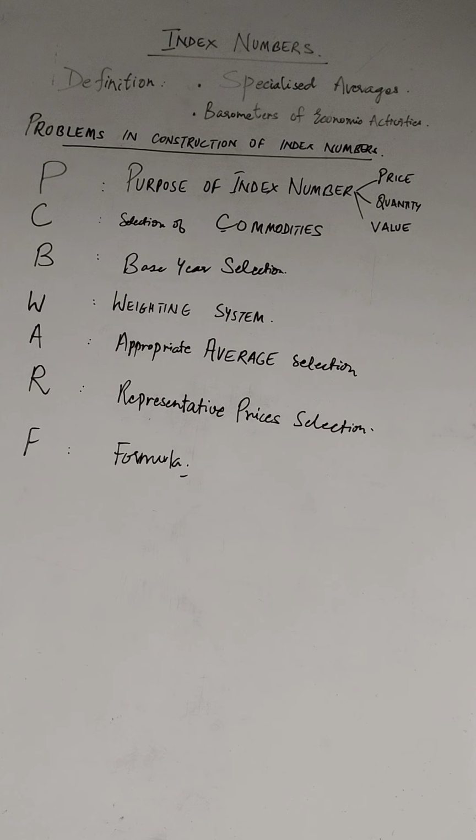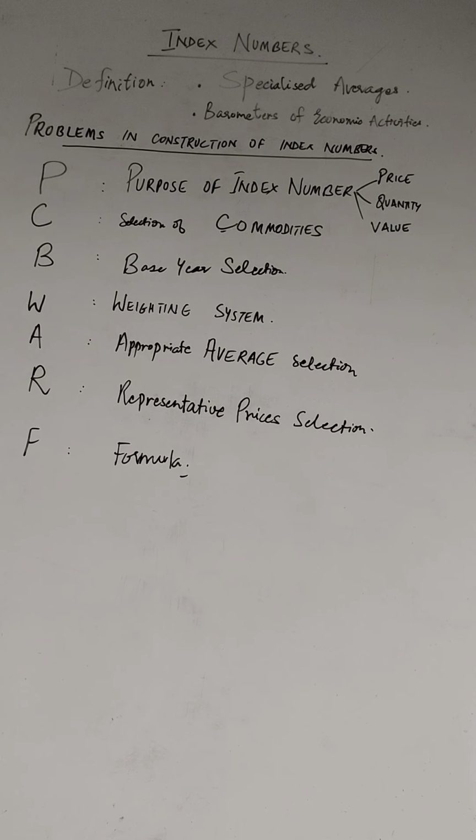The consumer is required to pay only the retail price, and we know that as consumers, we pay only retail prices. Therefore, to prepare the consumer's index number, only the retail prices should be taken. But if the objective is to measure changes in the general price level, then we should take the wholesale prices into consideration.